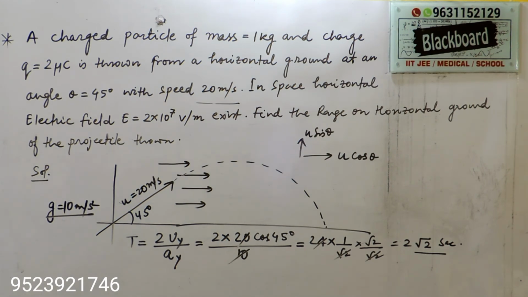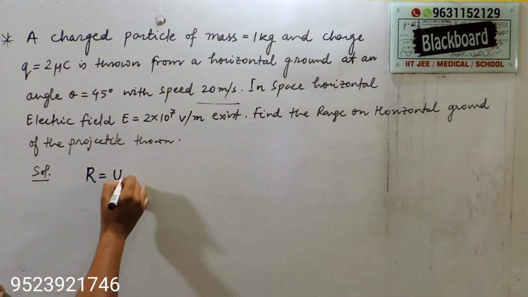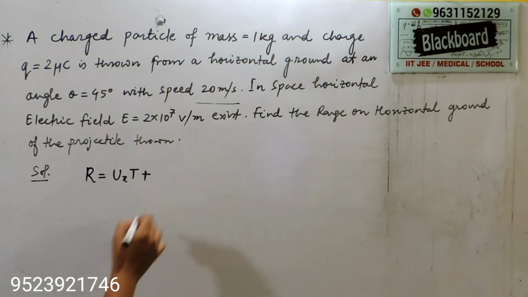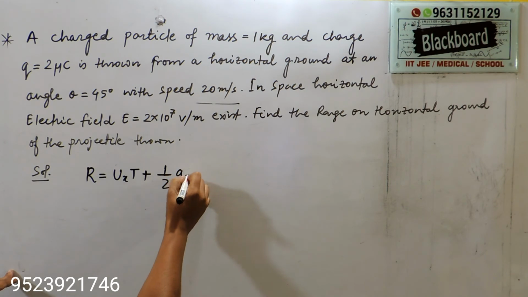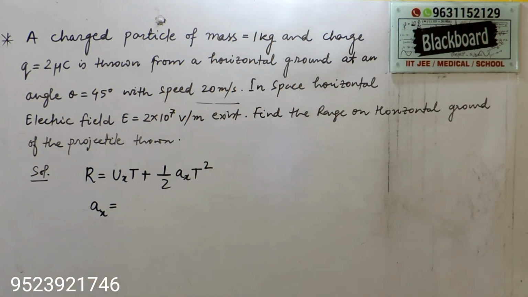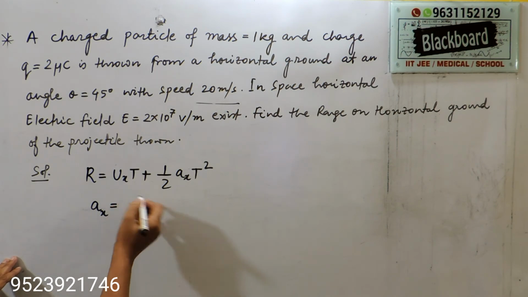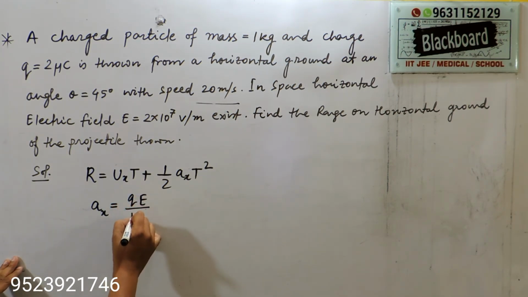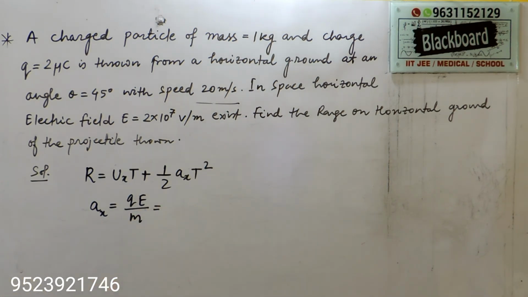Now horizontal range r is equal to ux t plus half ax t square. Here ax is the acceleration along x direction, which is force F by m, and force is QE divided by m.